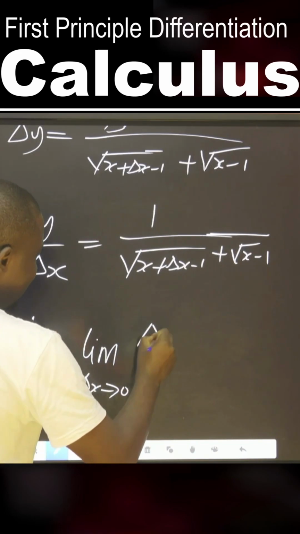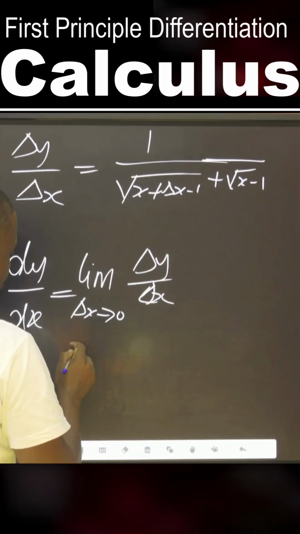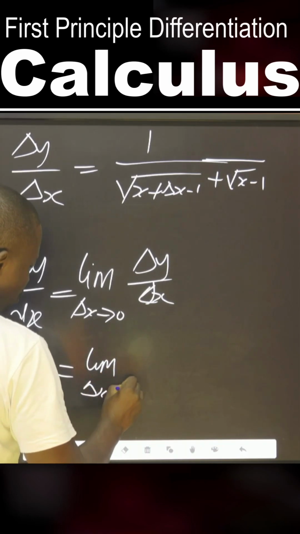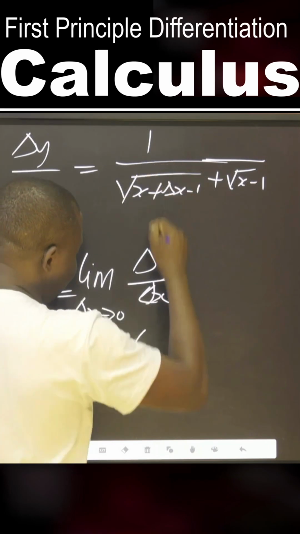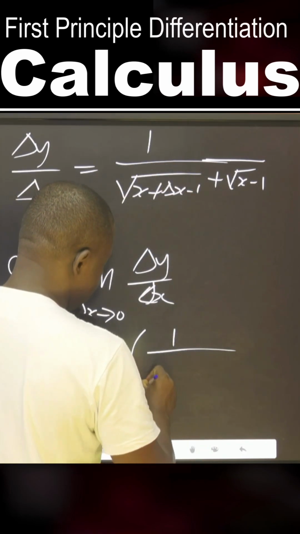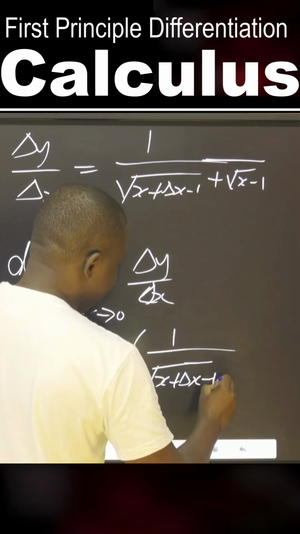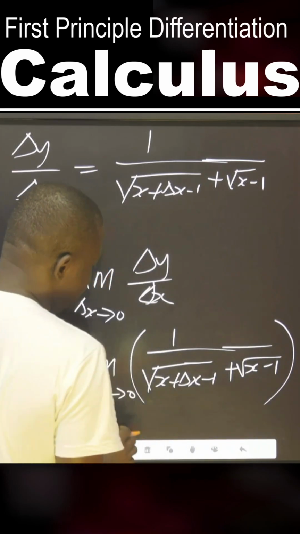Can I say delta y over delta x, which is equal to the limit as this is going towards 0? Okay, we're going to have this, that is 1 over this plus this minus 1 plus this minus 1. Okay?